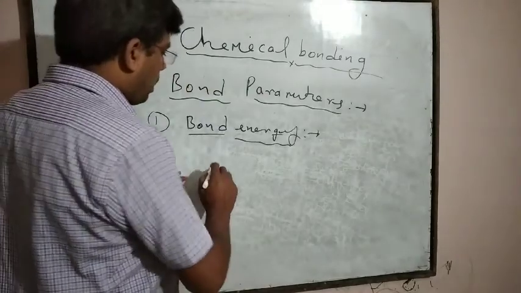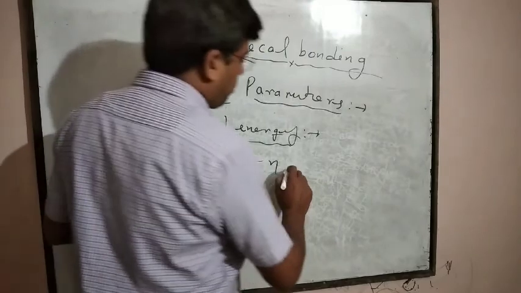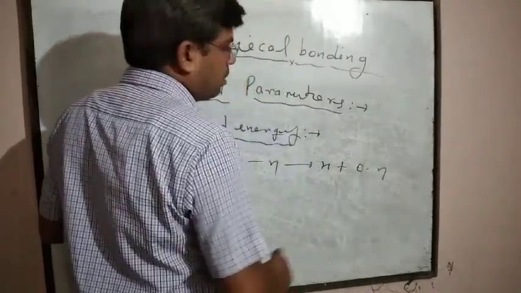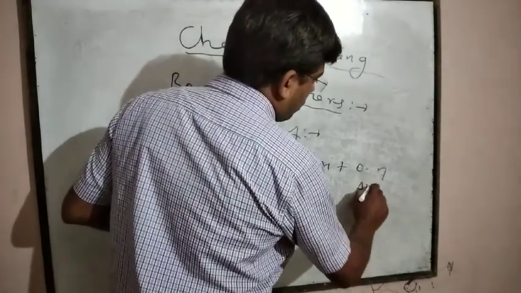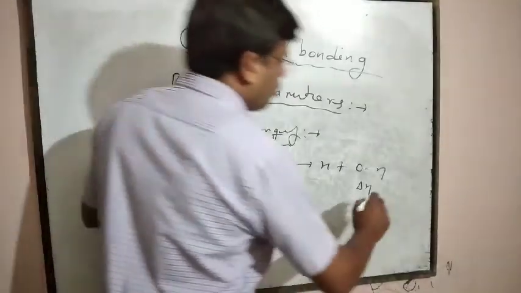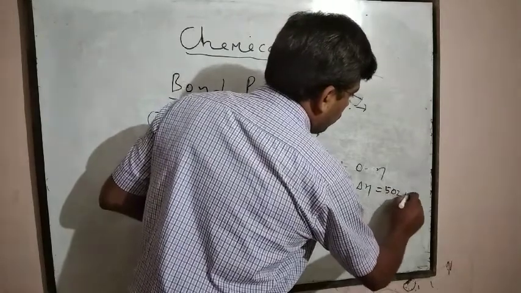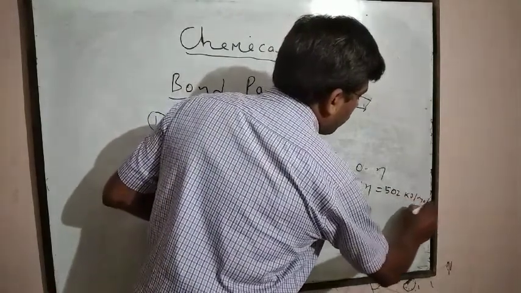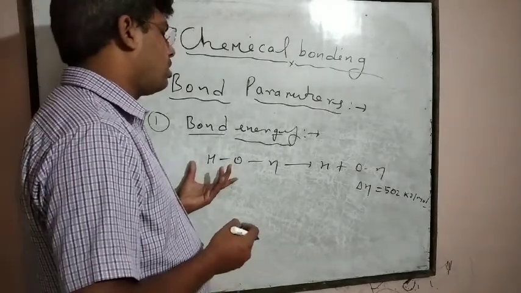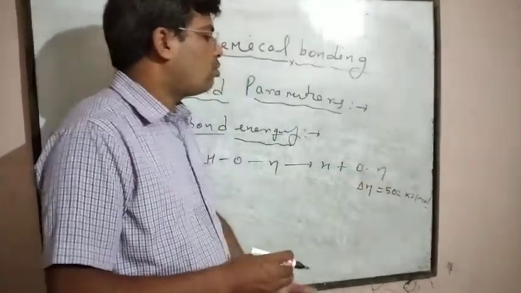For example, if we take water, HOH, then what happens? It gives H plus OH. To break one OH bond, the amount of energy, delta H, is equal to 502 kilojoule per mole.